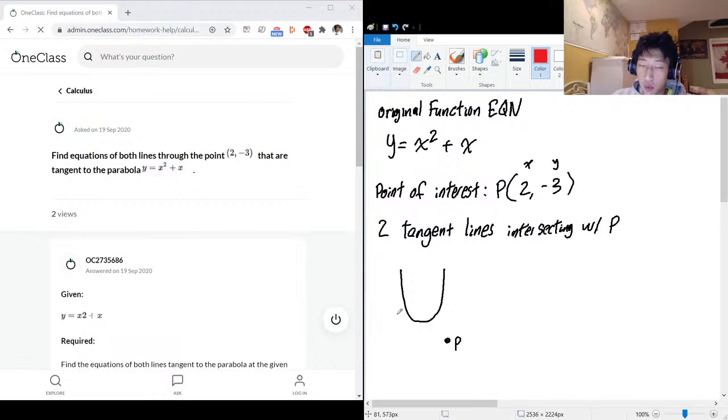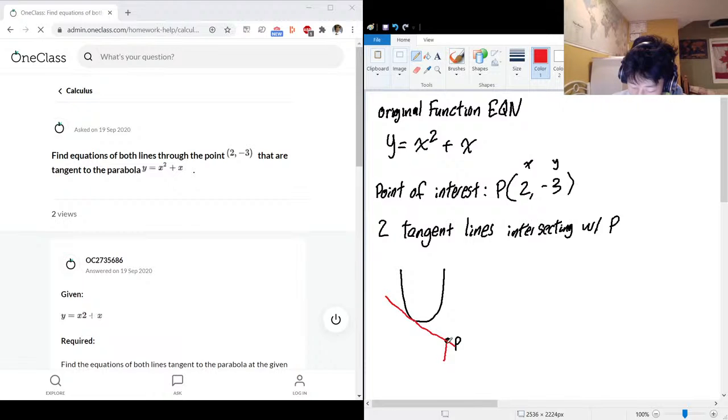But you see how we're going to have two tangent lines that intersect with this. One of them is going to be on this side. I'll start that from here to show that one will be from this side, a negative sloping type of tangent line.